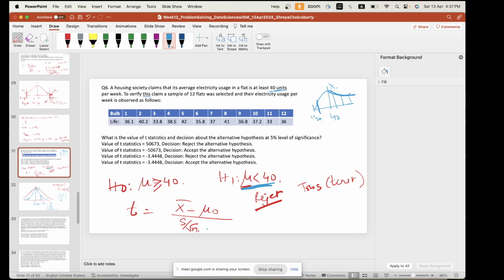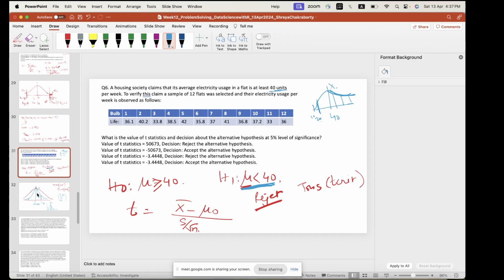Usually, yes. And if the value comes less than that alpha, basically, we are going to reject H0 or H1. See, whatever value you are talking about, if it is a p value, then we are going to reject H0.